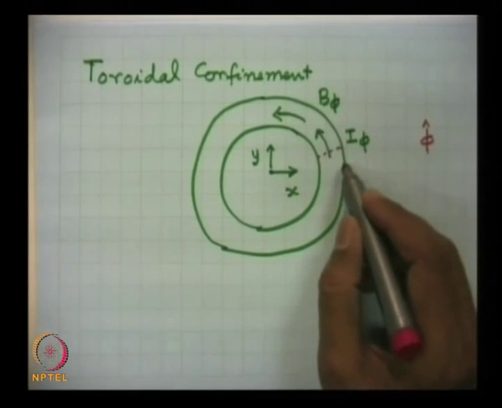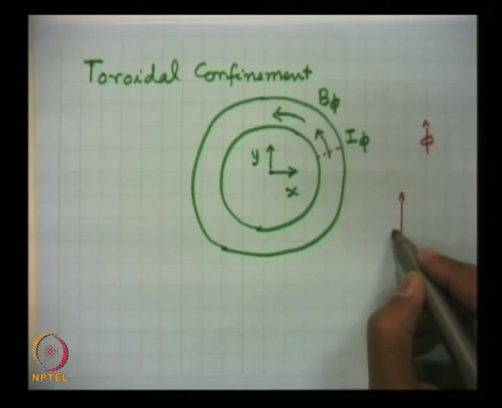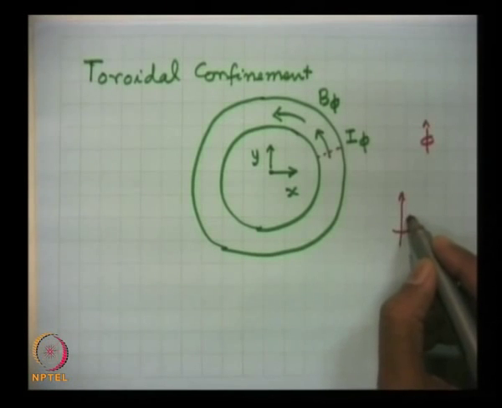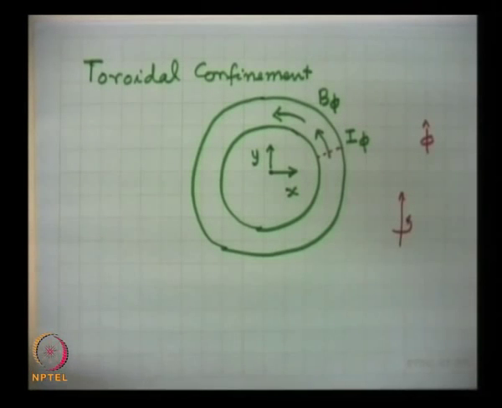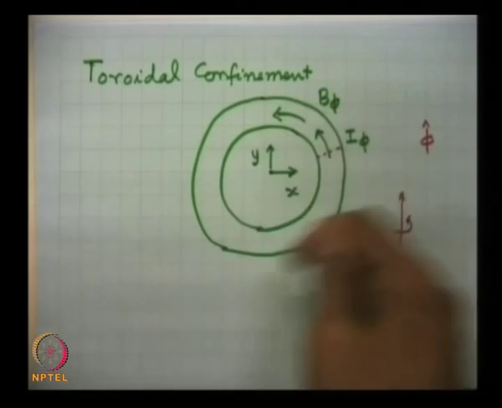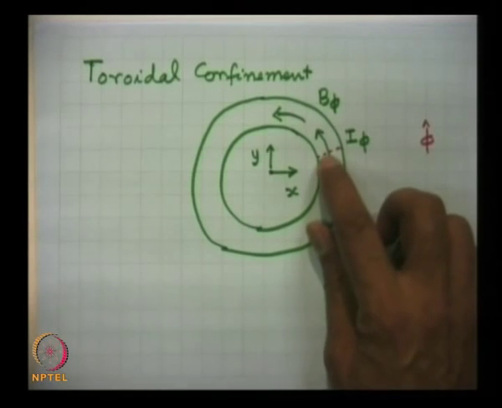So, just like in the case of a wire which was carrying current, the lines of force were circles. Here also I am expecting the lines of force to be circles about these bent lines of force. There should be circles in a plane perpendicular to this.